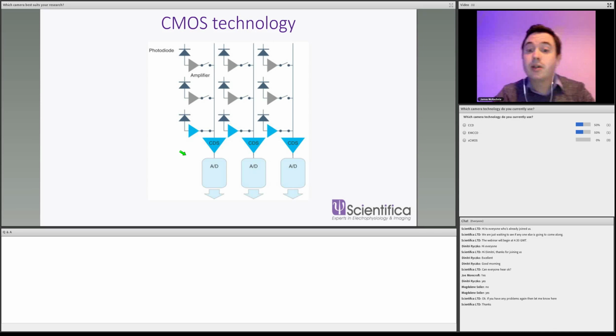And by running each ADC much slower, we end up getting a much lower read noise. If you were to take a standard HD chip, that would be 1920 by 1080 pixels, so you have 1920 analog to digital converters running in parallel along the columns.